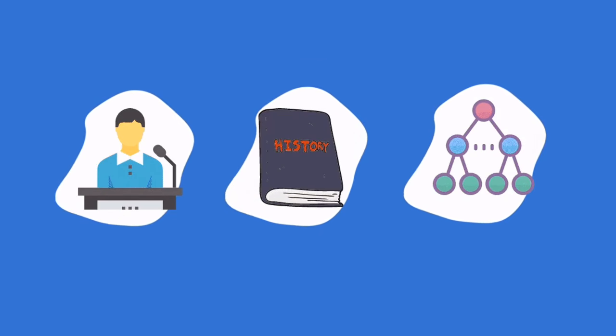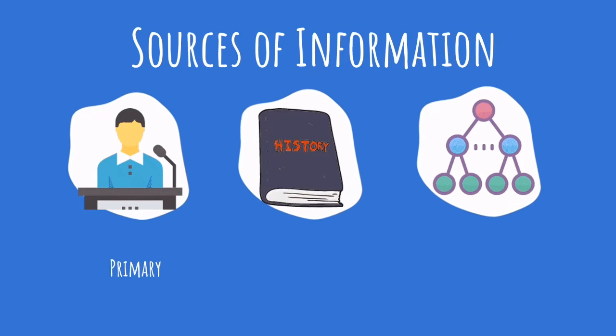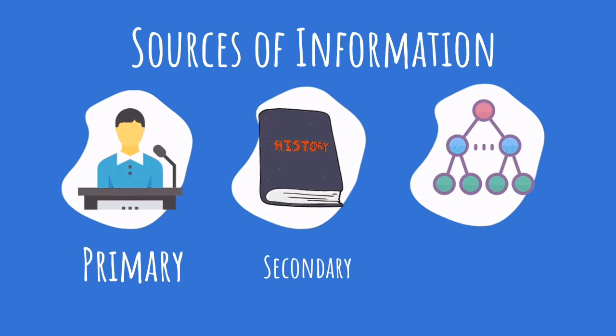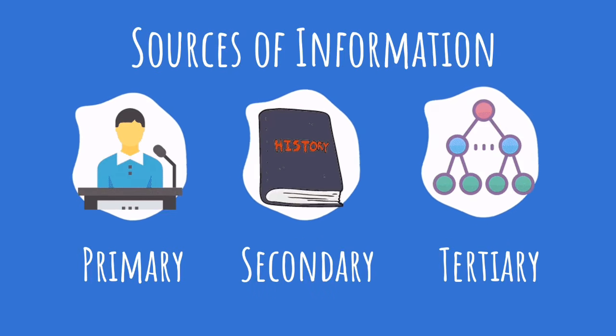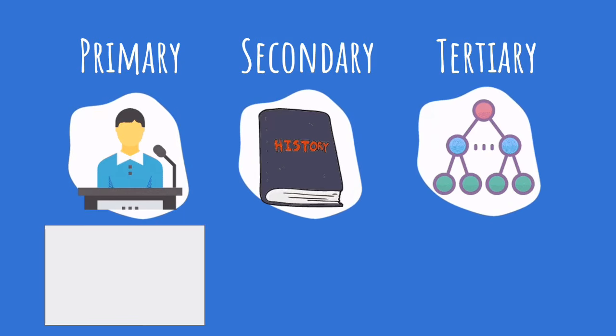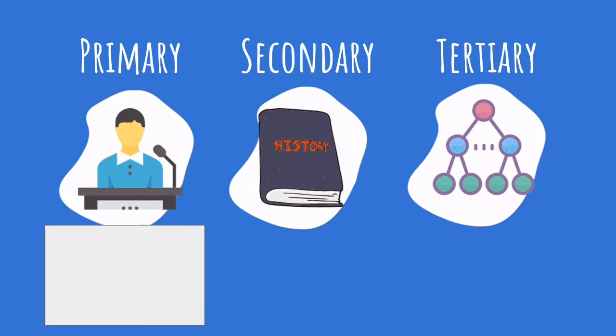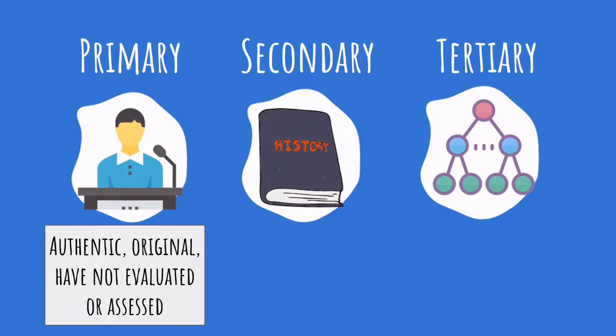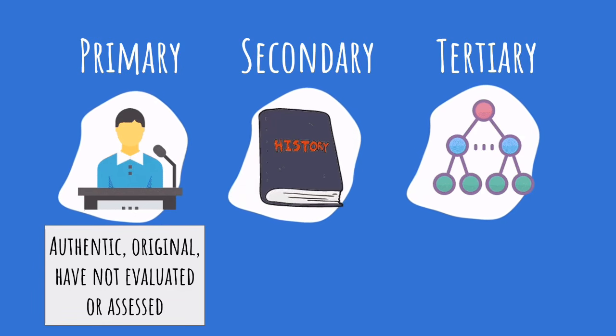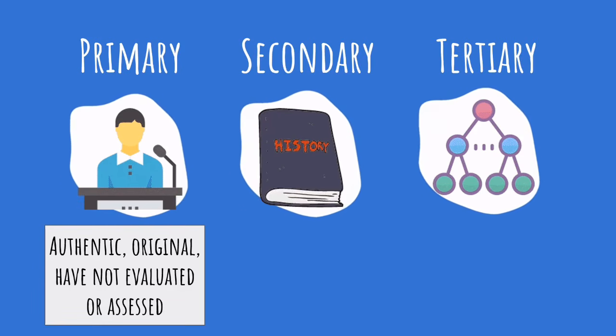The 3 sources of information are primary, secondary, and tertiary sources. The key terms to better understand and remember primary sources are authentic, original, and have not been evaluated or assessed.